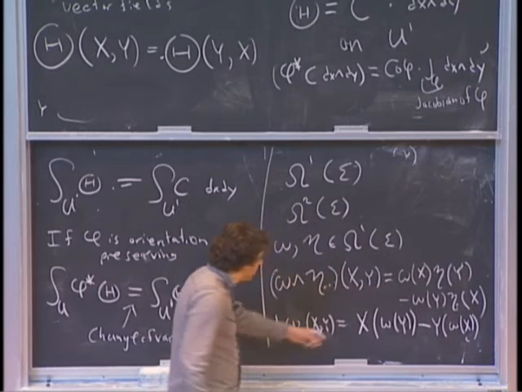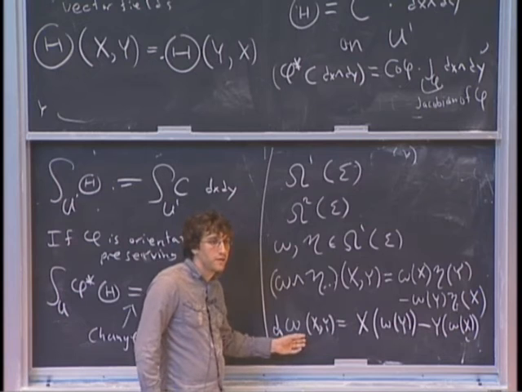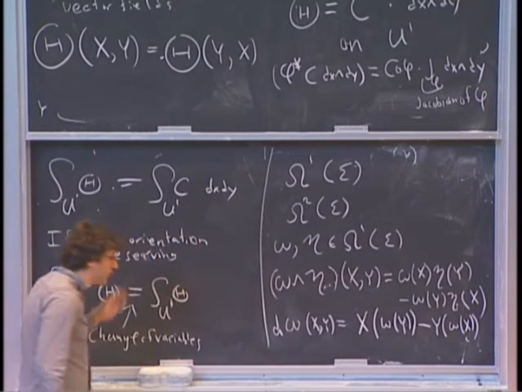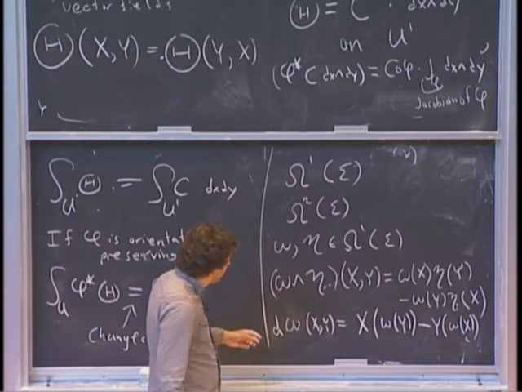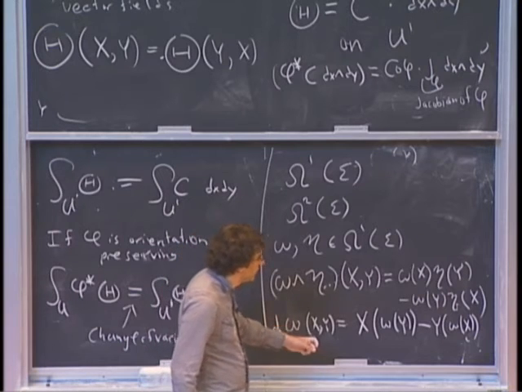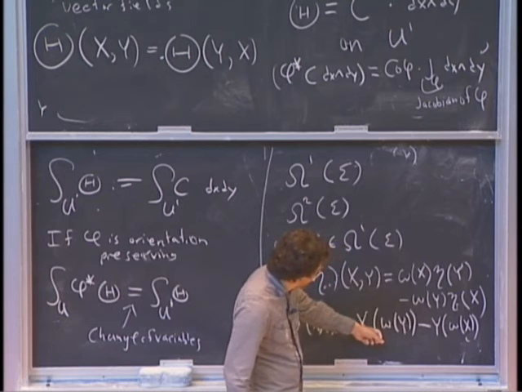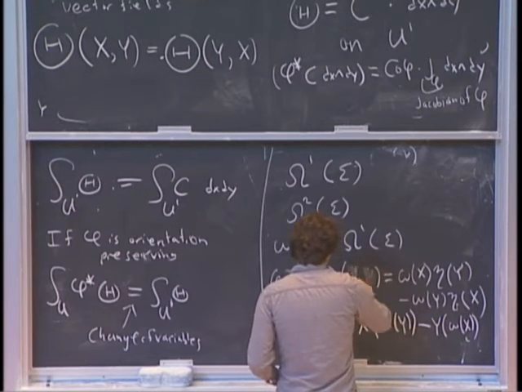So you should convince yourself, I mean, obviously I haven't made any reference to coordinates here, so this is completely well-defined on any Riemann surface. What you should convince yourself of is that you should figure out what this really means when you work in coordinate vector fields for a given one form. And it's pretty easy there, because then, well, maybe x and y is misleading. Let's call this v and w.